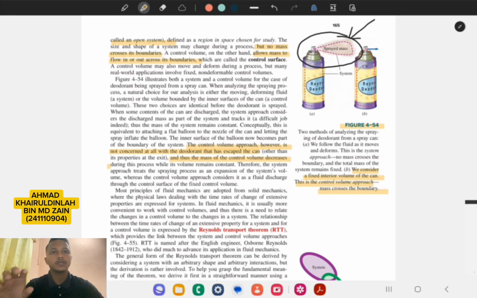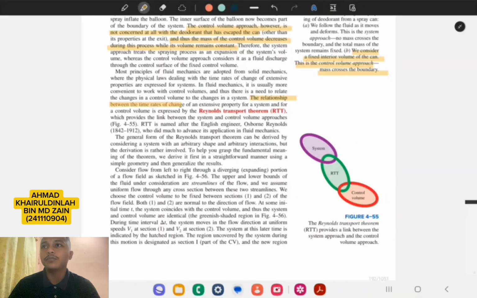This is because the mass of the control volume decreases during the process, while its volume remains constant. So the relationship between the time rate of change of an extensive property for a system and for a control volume is expressed by the Reynolds transport theorem, RTT.